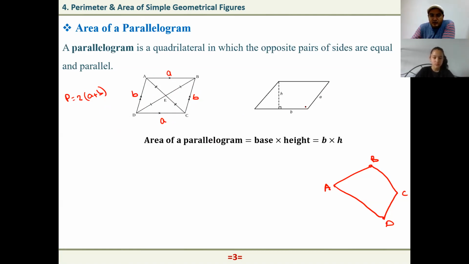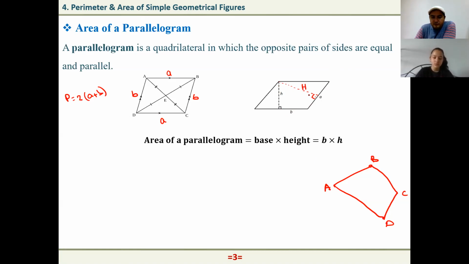And how about the area? Area is simply base times height. And how about if we have another height? For example, if I draw a height from this point to this side. If this one is h, and this one is capital H, this is another height to this base.